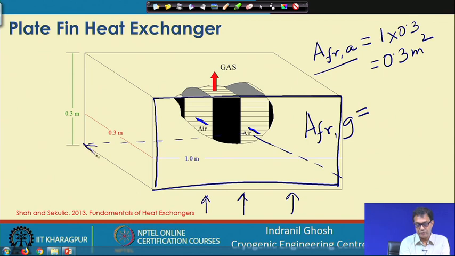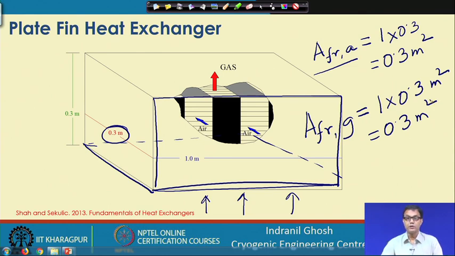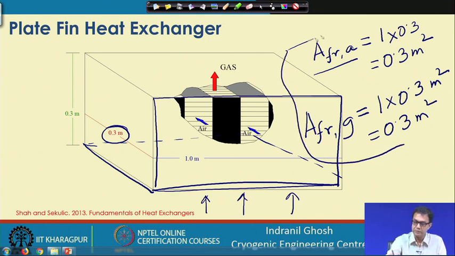It is 0.3 meter long, and this is the other dimension, so this is also 1 into 0.3 meter square. So, we have 0.3 meter square. Both the frontal areas for the air and gas are the same. So, now we have the frontal area information with us.